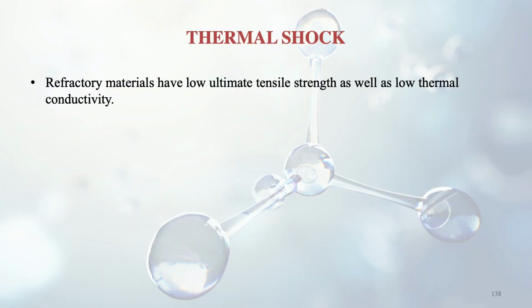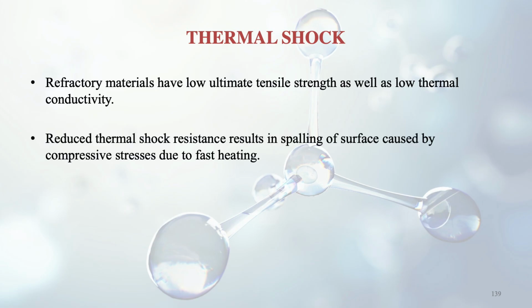From this thermal shock resistance expression, we can see that refractory materials have low ultimate tensile strength as well as low thermal conductivity, and reduced thermal shock resistance results in spoiling of the surface caused by compressive stresses due to fast heating.